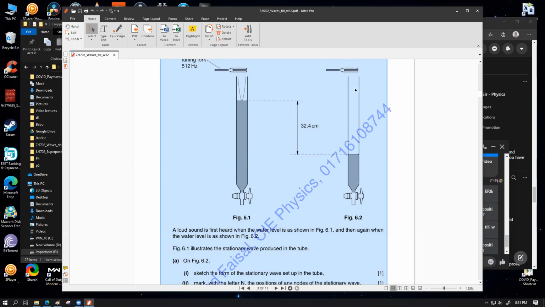If it was a pipe open at both ends, then it would have a different shape, with two antinodes on the two sides. It depends upon what you are working with. Are you working with a one end open tube, or a both end open tube? That's the important thing which makes the difference. Okay, sir. Yes, sir. Beautiful.